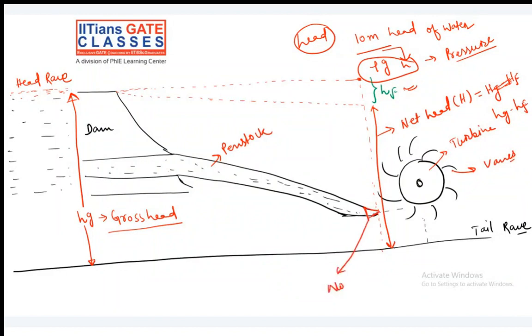This is also a very important part, otherwise there will be no focused flow, right? And then we have the tail race. Tail race is nothing but a container. You can imagine that this water must fall somewhere, so this is called the tail race. So the turbine layout, I hope, is now clear.